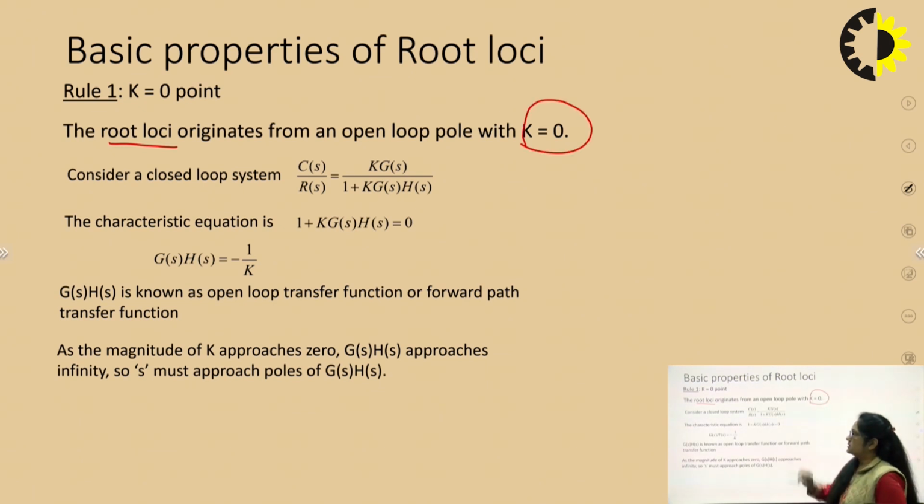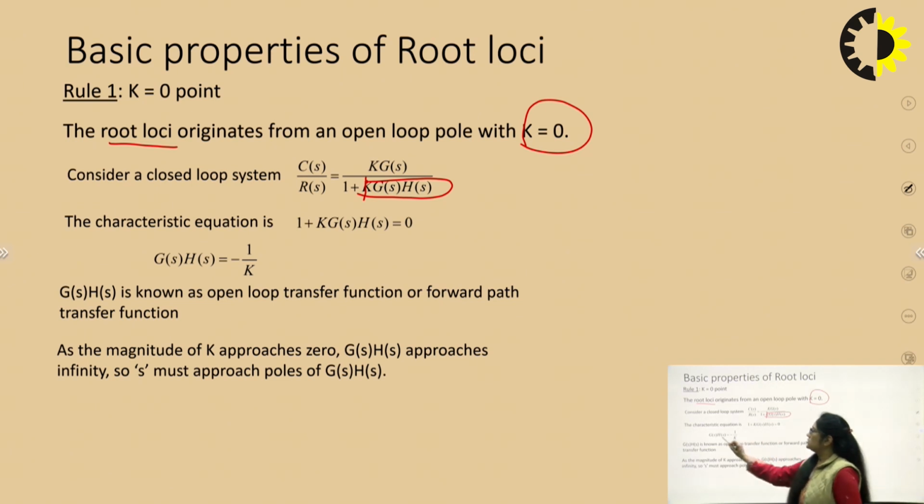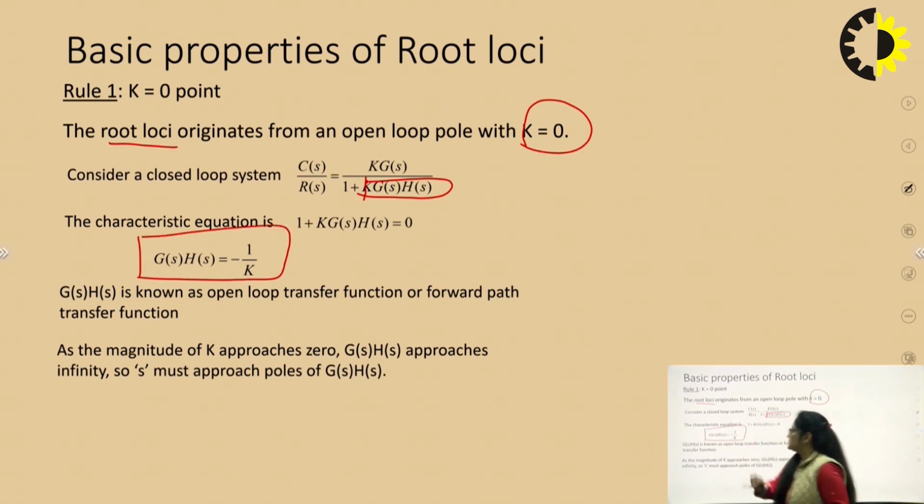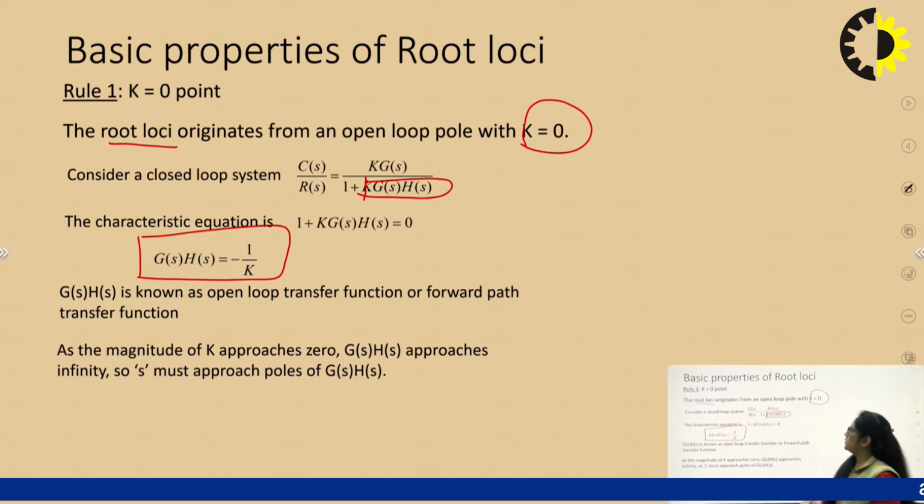Now consider this closed loop system, K G(s) upon 1 plus K G(s). We can see that K is influencing the location of the poles. So G(s)H(s) can be written as minus 1 by K. This is the characteristic equation, and we are talking about the open loop pole with K equal to 0.